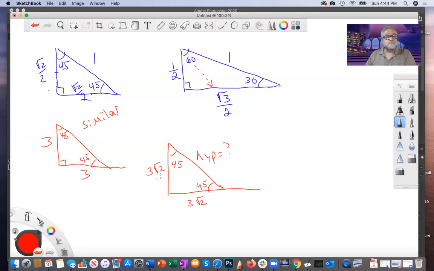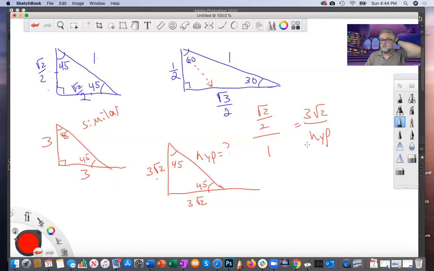So I could use a ratio. I'll use the ratio of square root of 2 over 2 over 1. This ratio to that is going to be equal this ratio over that. Equals 3 radical 2 over hypotenuse.